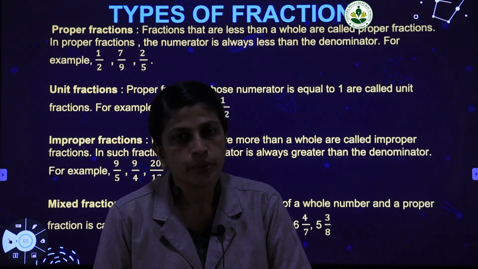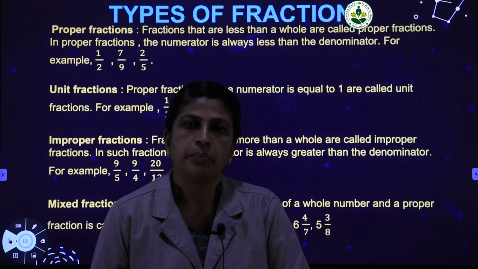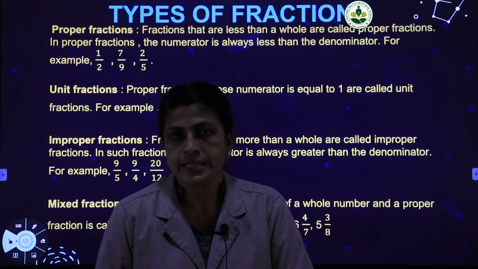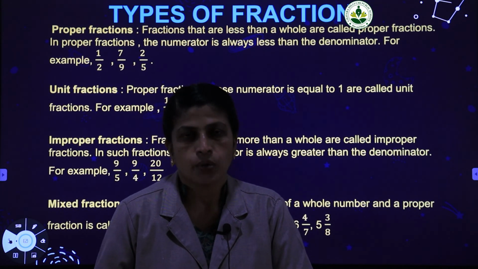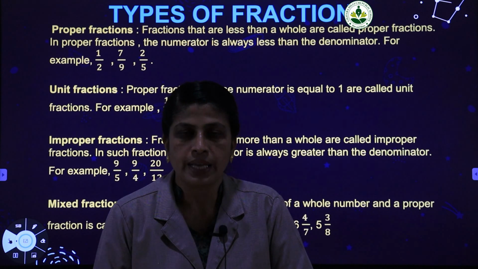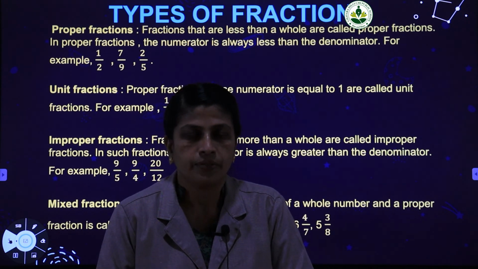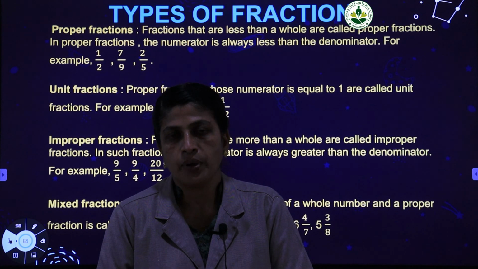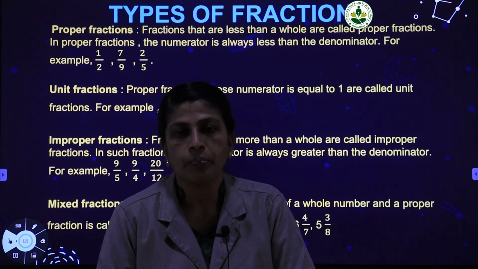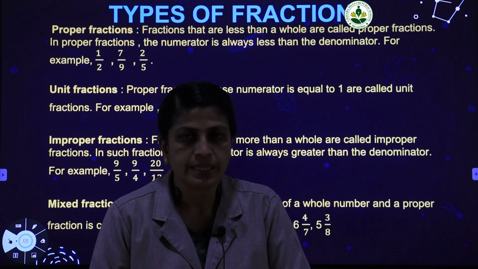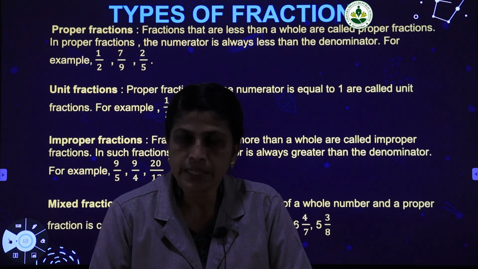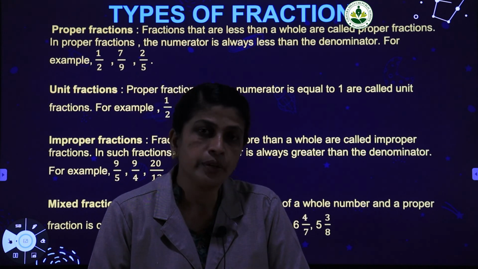And mixed number means in a fraction, if we write a combination of a whole number and a fraction part, such fractions are known as mixed numbers. We can convert an improper fraction to a mixed fraction and a mixed fraction to an improper fraction.